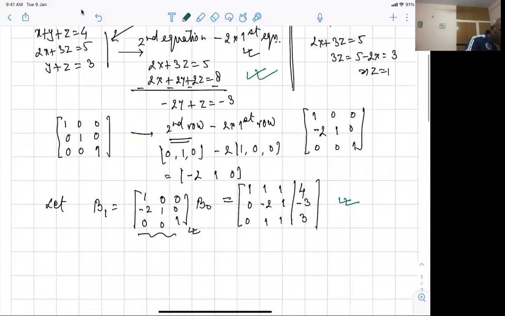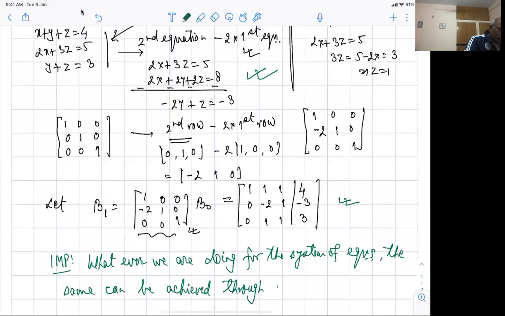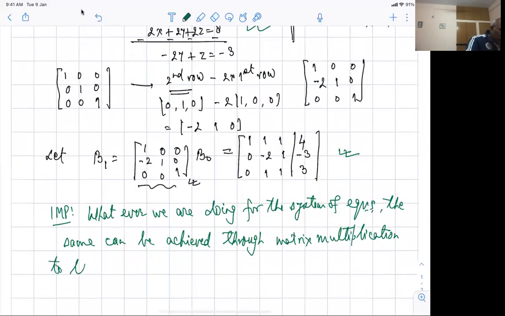So the important thing is whatever we are doing for the system of equations, the same can be achieved through matrix multiplication to the augmented matrix. This is very, very important. I want you to understand it.